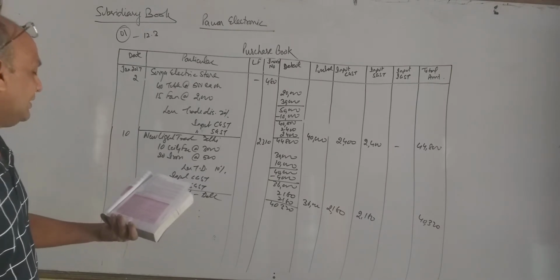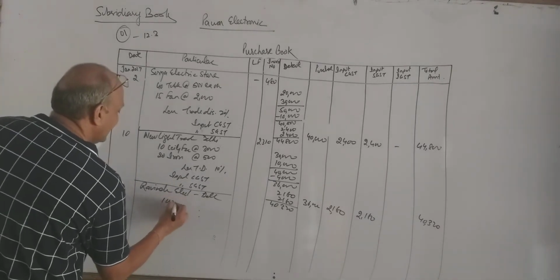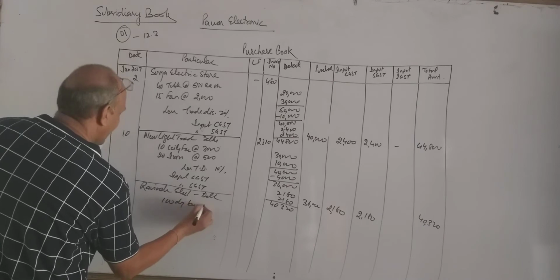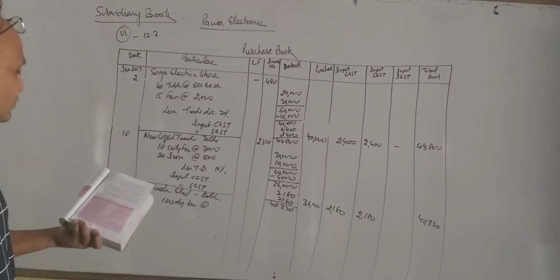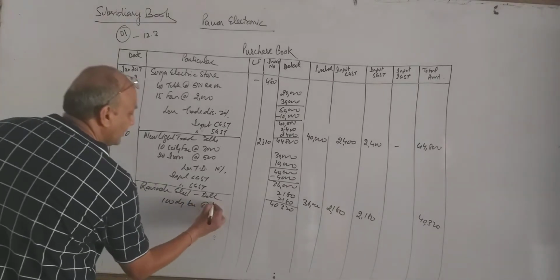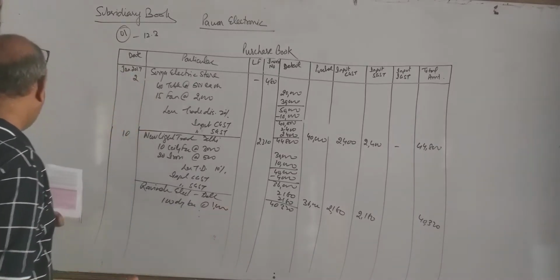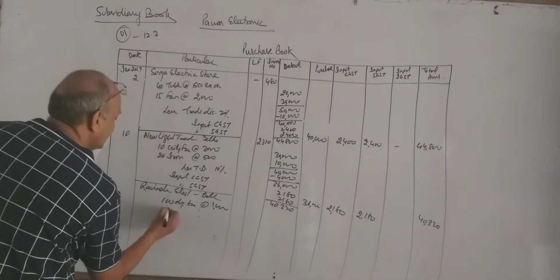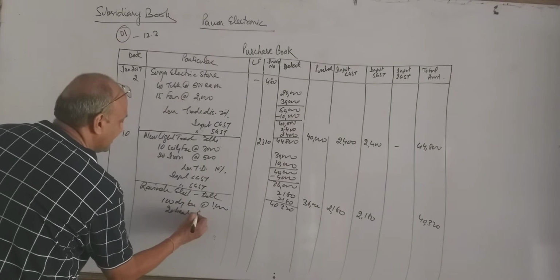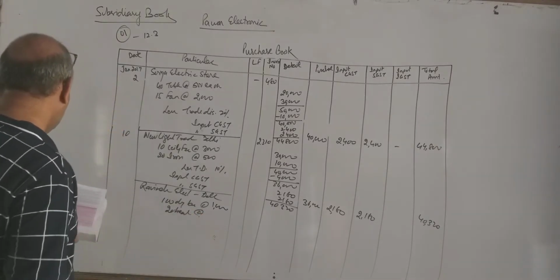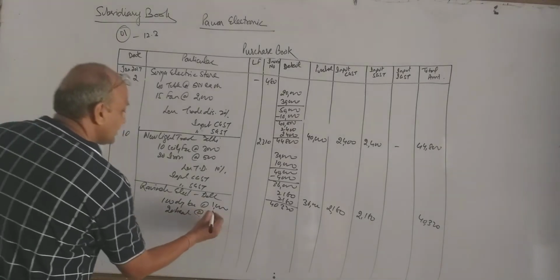First we are purchasing 100 dozen bulbs at the rate of 1,000 rupees per dozen. And then we have 20 water heaters at the rate of 1,000 each.